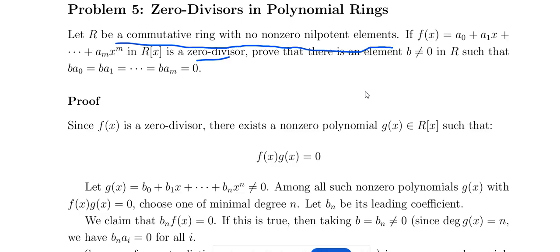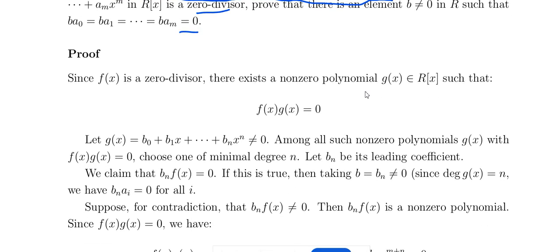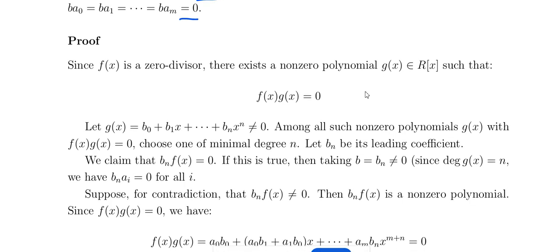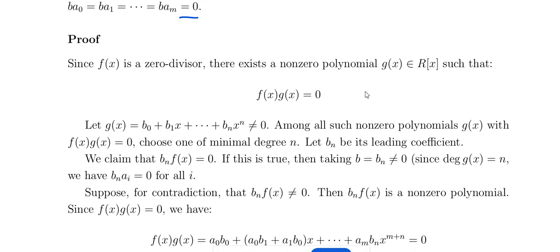In general, a zero divisor means if two non-zero elements multiply and give 0, that is called a zero divisor. So here f(x) is a zero divisor. Then there exists another non-zero polynomial g(x) such that the product is equal to 0.